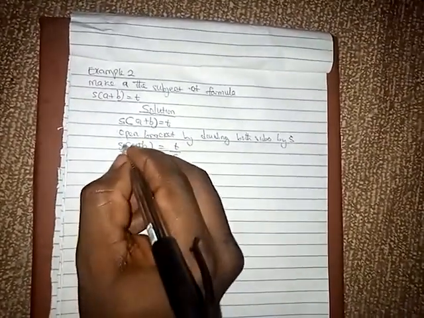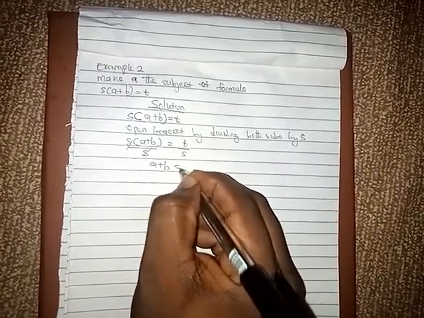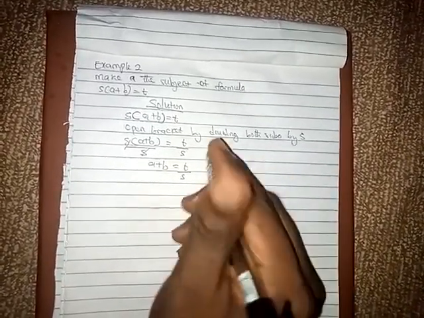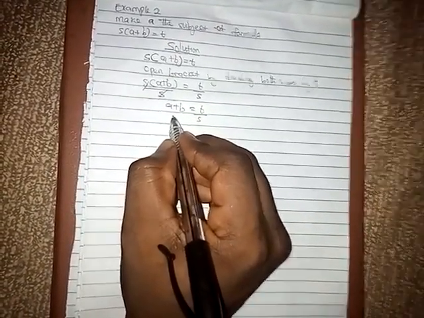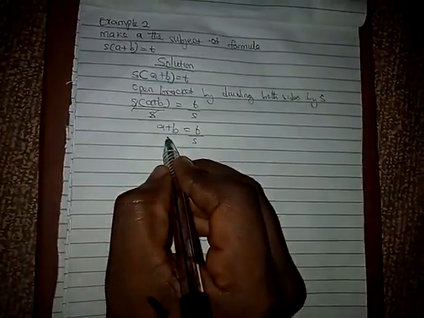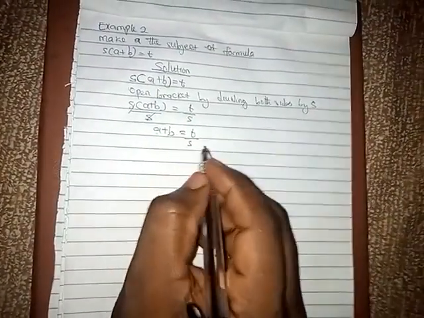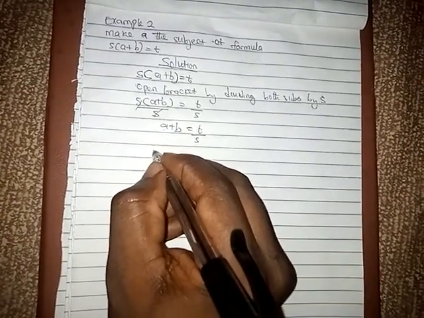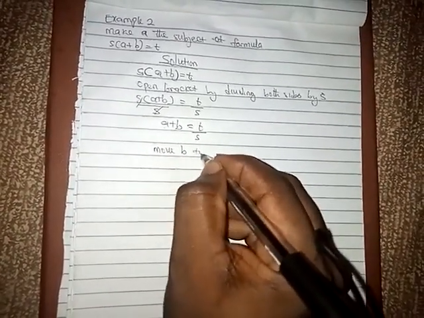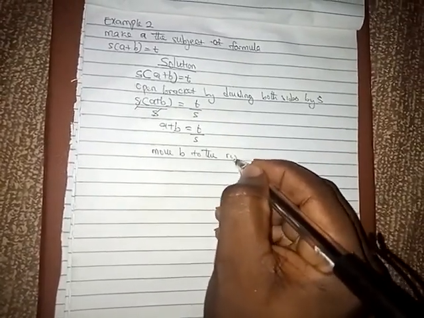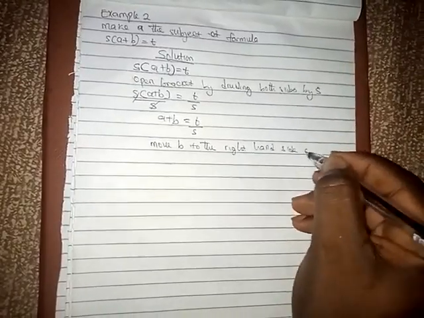So S will cancel S. So we have A + B is equal to C over S. But we are looking for what? We are looking for A. So we have to take away B. So we move B to the right hand side of the equation.